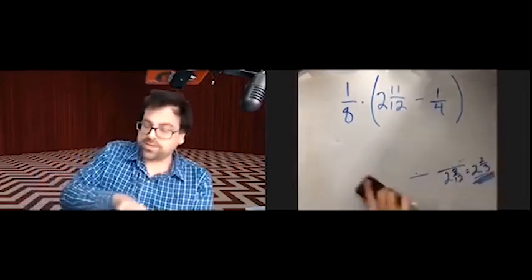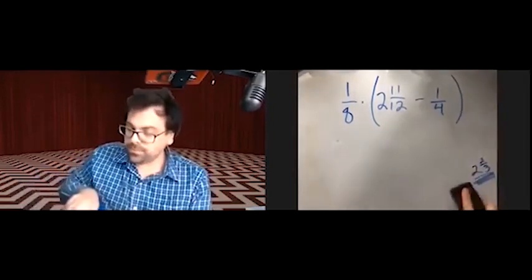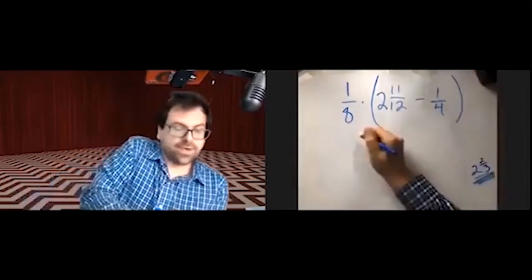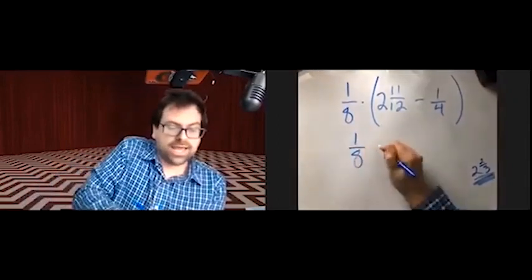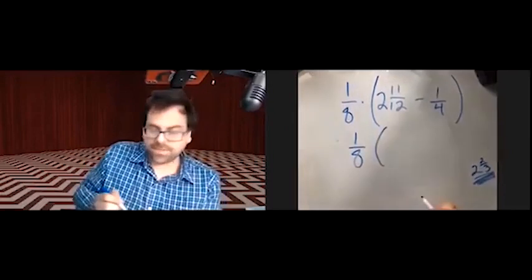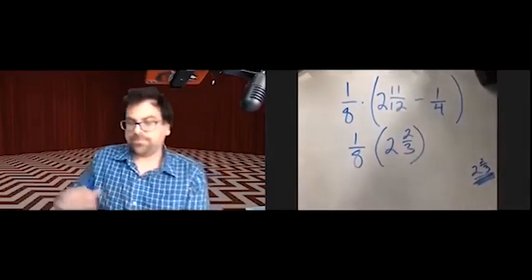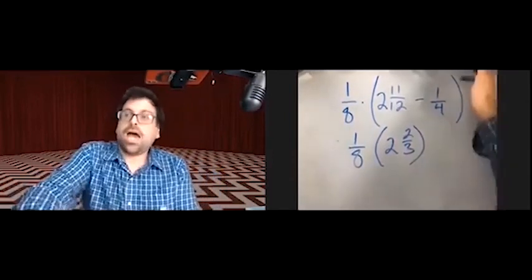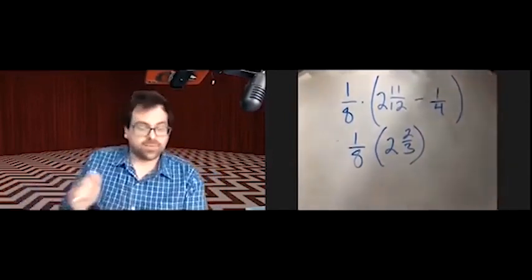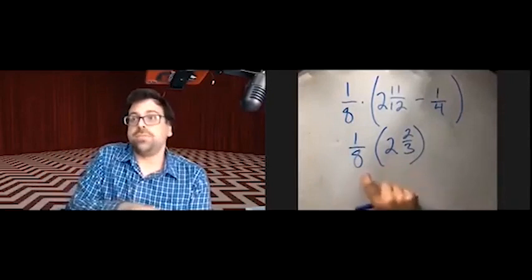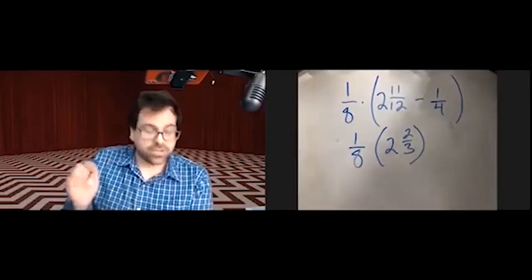So back to where we started. Inside the parentheses, we have 1/8 times 2 and 2/3. How do we multiply when we have mixed numbers? We have to change the mixed number to an improper fraction.